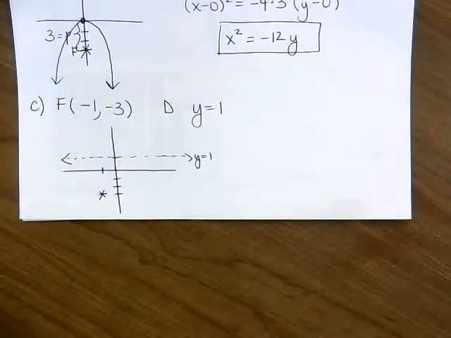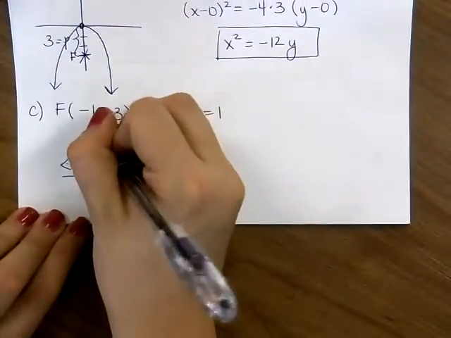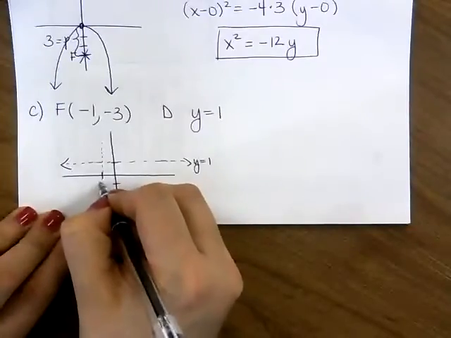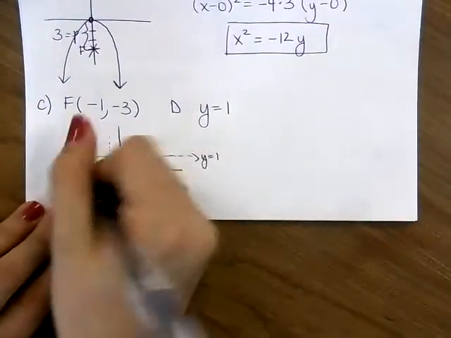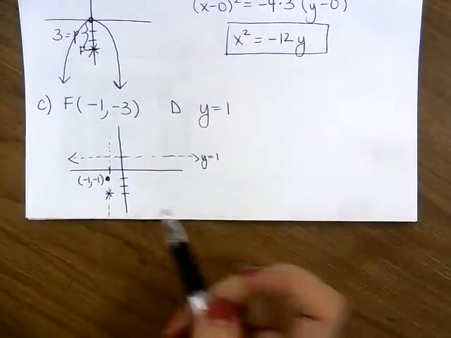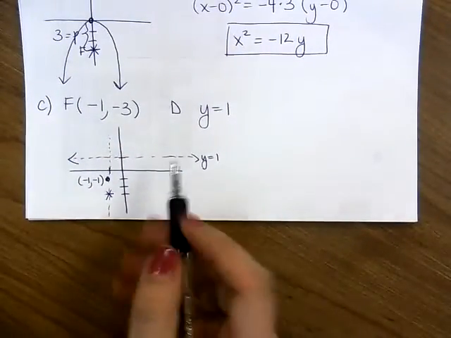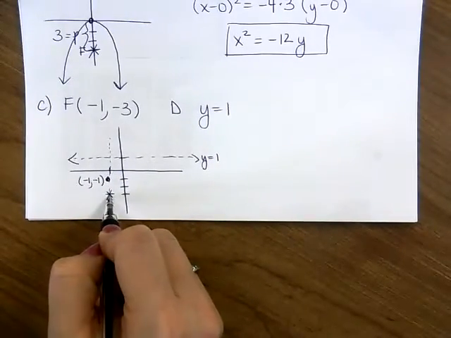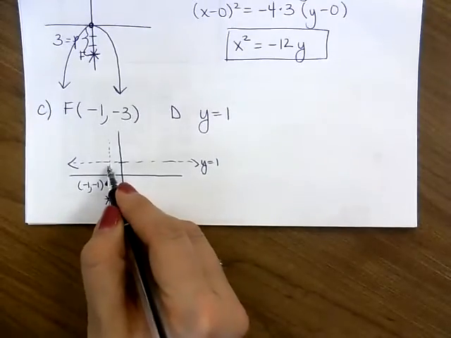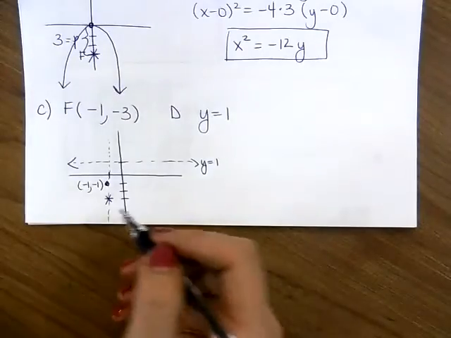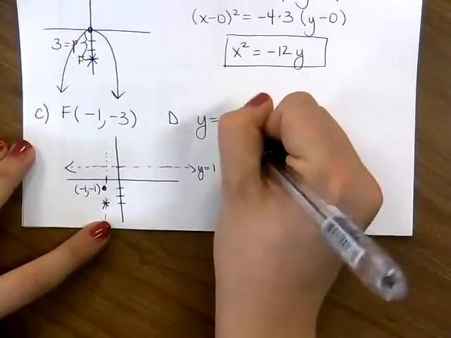Where does the vertex have to be? Halfway between the directrix and the focus. So doesn't it have to be right here, at -1, -1? Because it has to be on the same axis of symmetry as the focus. So we know the x-coordinate has to be the same, and it has to be equidistant between the directrix and the focus. So what is the distance of p then?